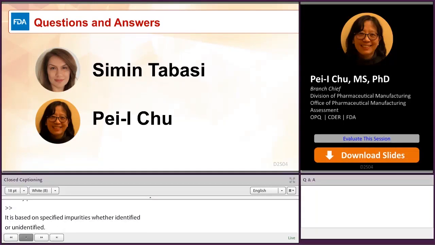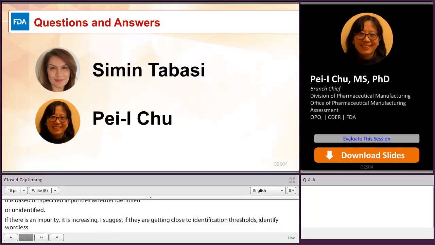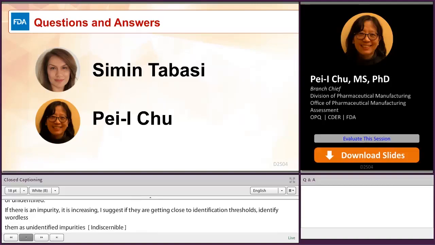It is only based on specified impurities, whether identified or unidentified. If firms are observing particular unidentified, unspecified impurities that are increasing and getting close to the identification threshold, I would suggest applicants identify or list them as specified.